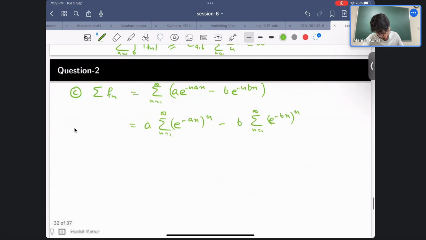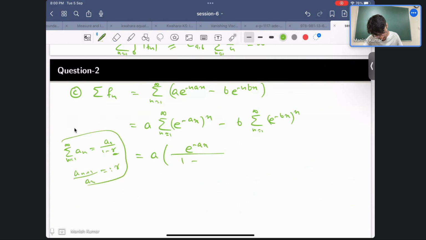Now this is a geometric series. If you fix some x, this is nothing but a geometric series of real numbers, so you can sum this. You know the formula: the first term upon 1 minus the ratio, where r is the geometric ratio, so a n plus 1 divided by a n is r.